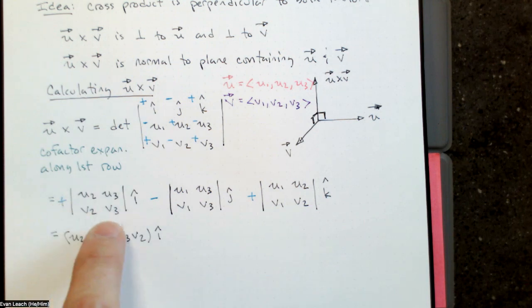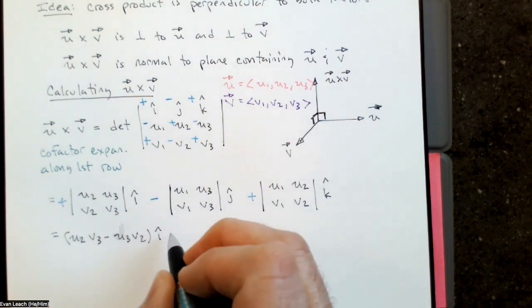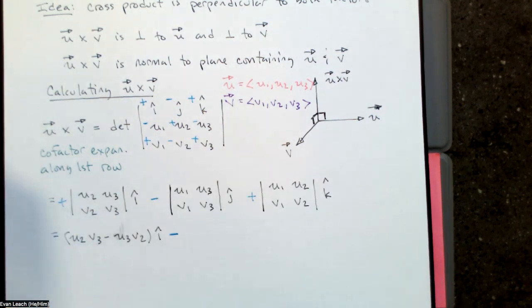So I do U2 times V3, we alternate signs, so minus U3 times V2. This term is positive. Next up, we're subtracting because we're calculating the determinant of this 3x3 matrix, and we have to alternate signs.